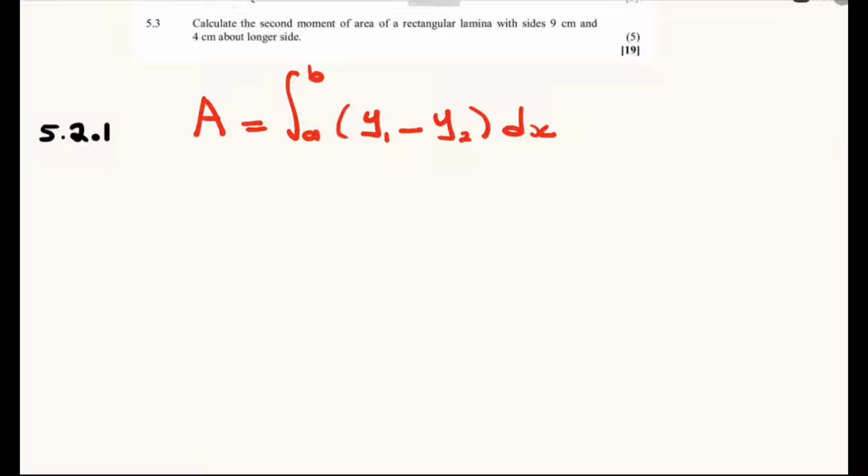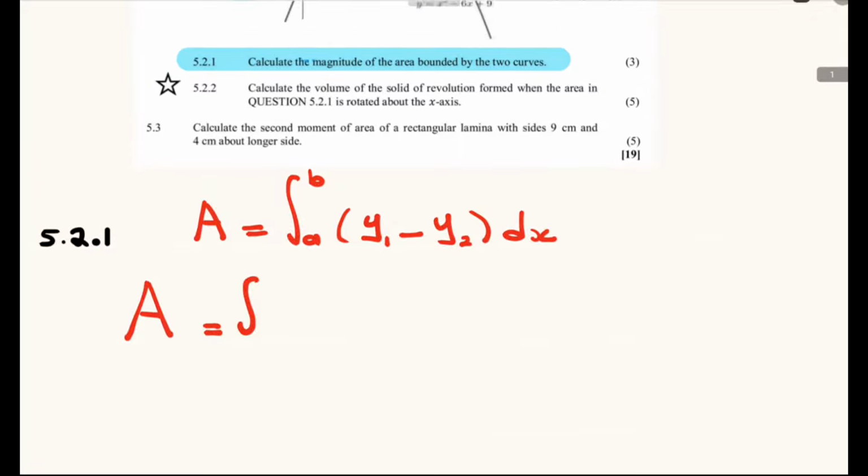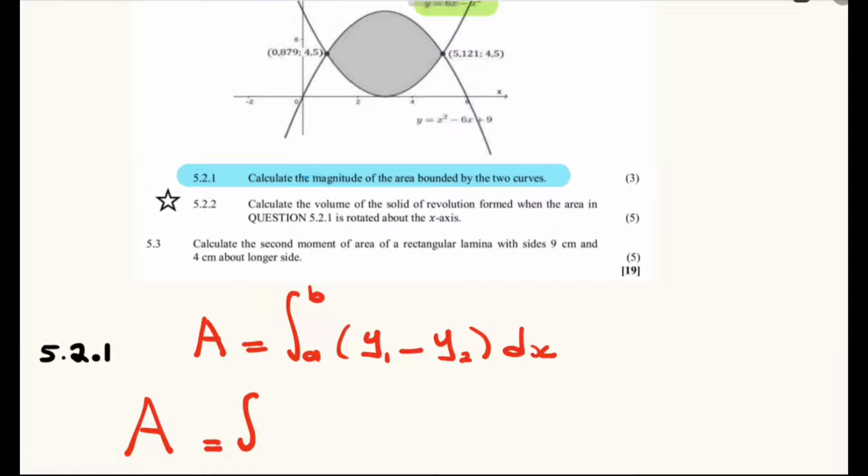We substitute, and our area will be equal to the integral from point A. The point A will be where the area starts, the 0.879, and the point B will be where the area ends, the 5.121. So that's our A and that's our B.